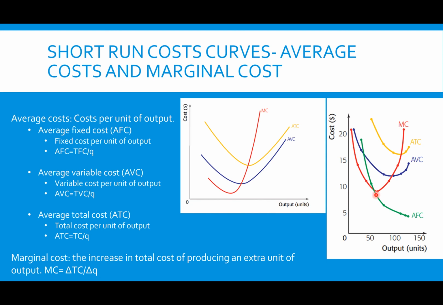If you look at AFC, it is very easy to explain because first it is high, but because total fixed cost is the same, if there is more quantity, fixed cost per unit of output will decrease. Well, something we have to think about is why these average cost curves have this bend shape, first decreasing and then increasing.